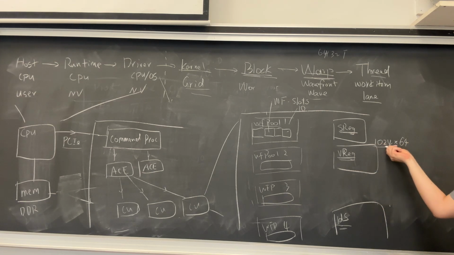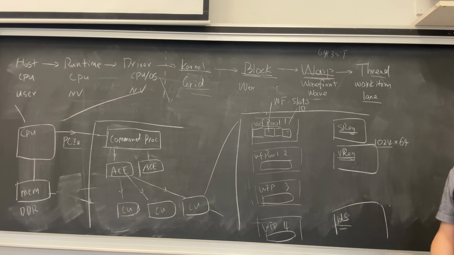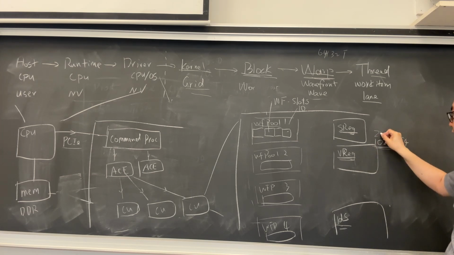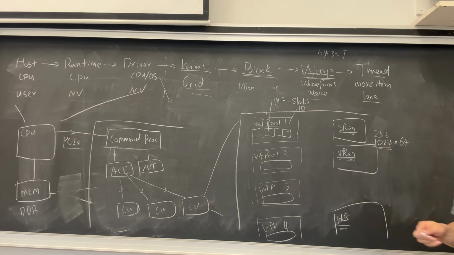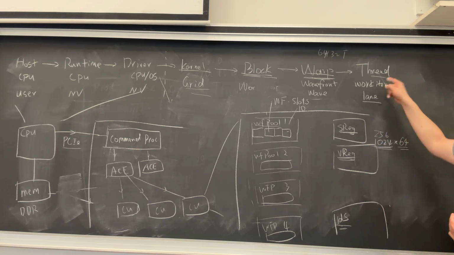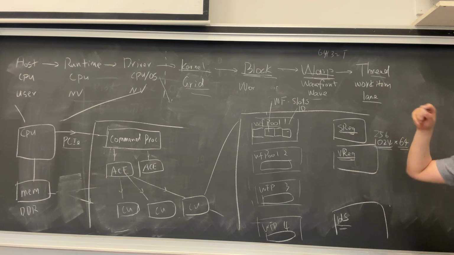We allow 1024 registers to be used by each thread. Earlier versions can have 256. GCN is probably still 256, and in newer versions it is 1024. Now 64 is the number of lanes, because each lane, each thread, will have its own vector registers. They have to have physical registers to memorize the numbers.